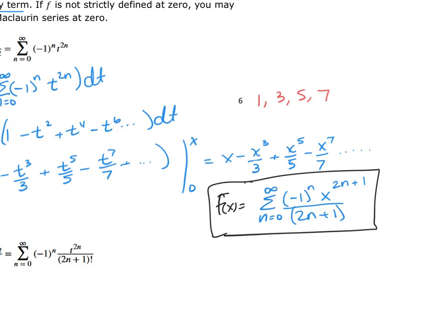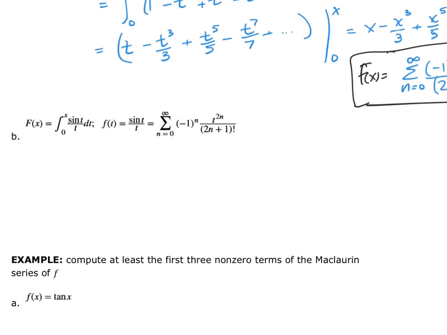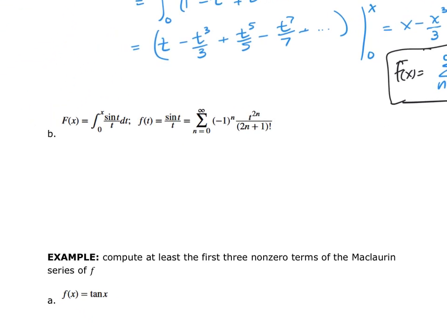Now, let's take a look at my next example. I am defining my f of t as sine of t divided by t, and it's telling me this is equal to the summation of n equals 0. So doing this, again, term by term, big F of x is going to be equal to the integration from 0 to x of this thing.